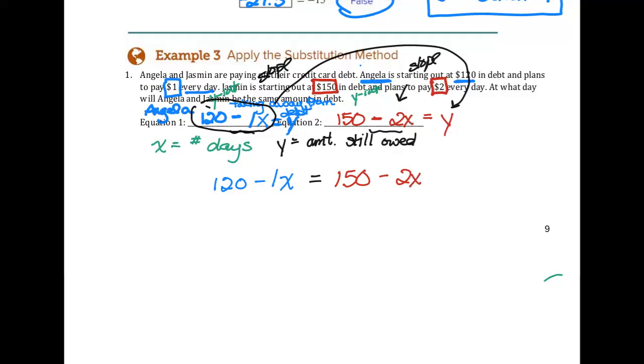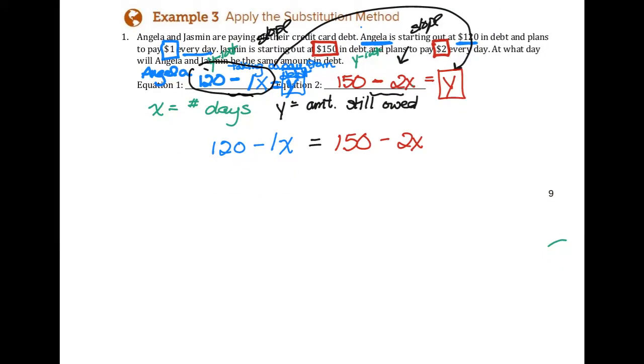Does everybody see that? So you are just setting those equal to each other because now we have all x's. So I need to get my x terms all to the other side. Let's move the negative 2x because that'll get it positive on the other side. How do I move that negative 2x, Lennon? What do you think?